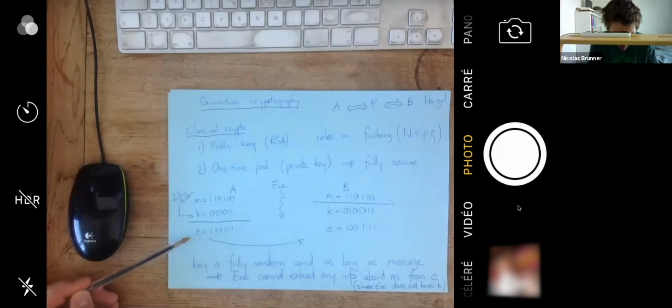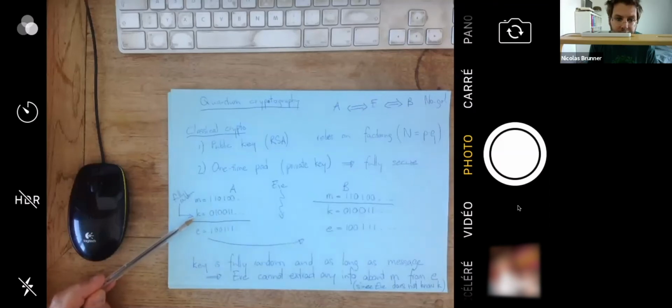Now, what you need for this one-time pad to be doable is this authenticated channel for Alice to announce the encrypted message. And you need something even more important and more difficult to establish, which is this private key, right?